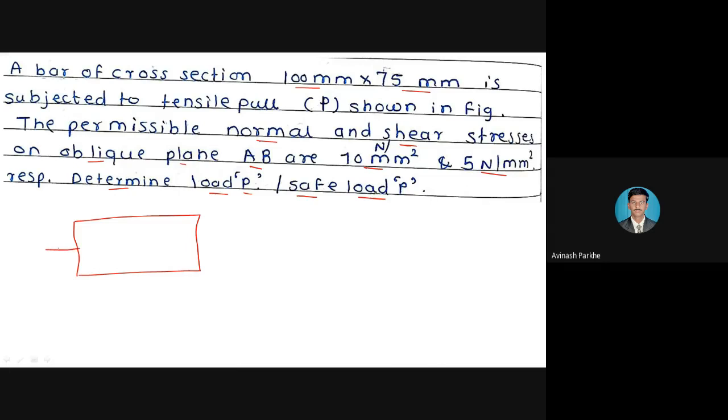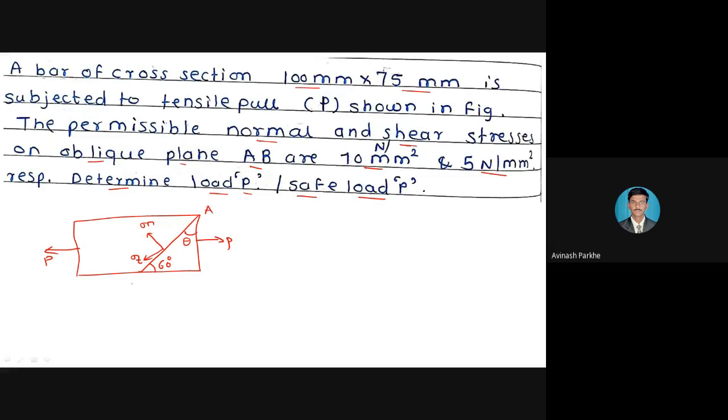So it is subjected to the load P, which we have to calculate. This is the theta. The angle is given with the horizontal plane, sigma n and sigma t.